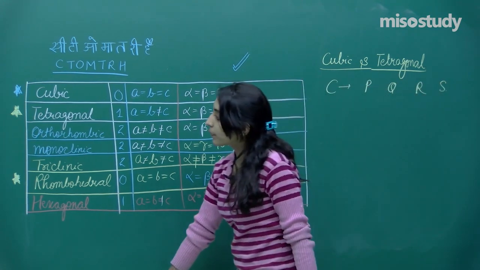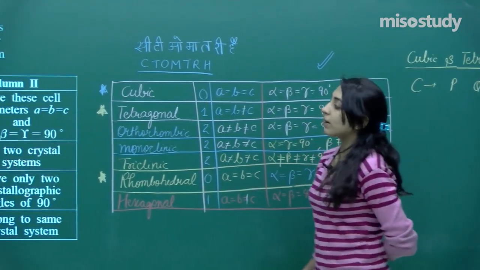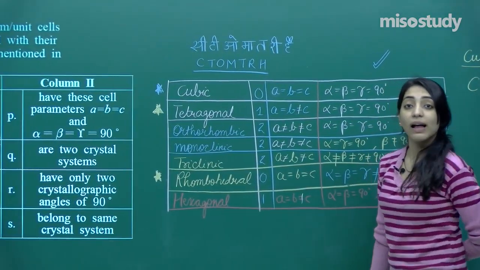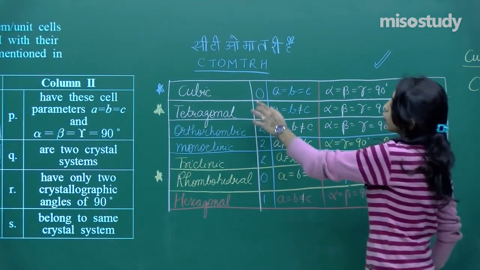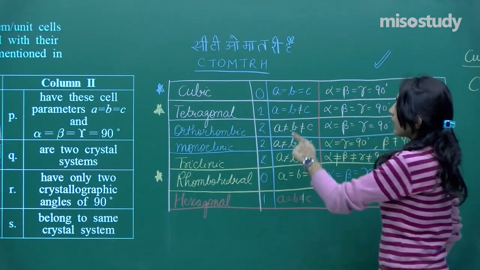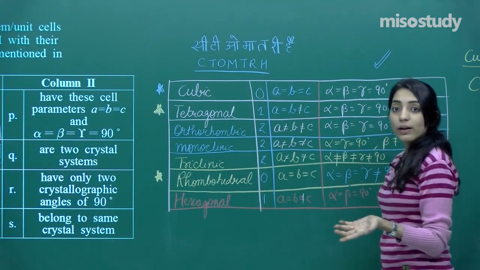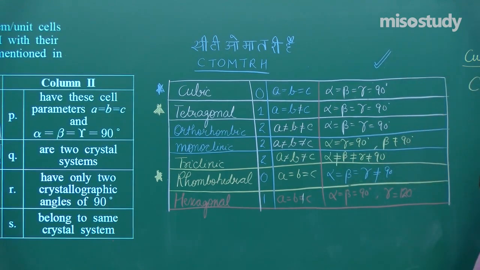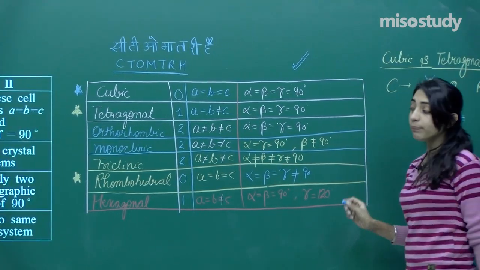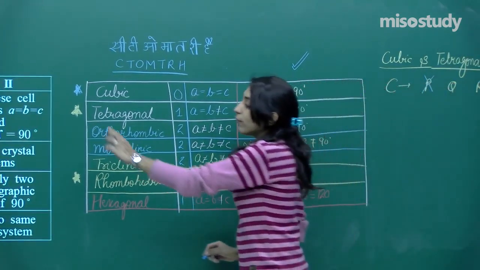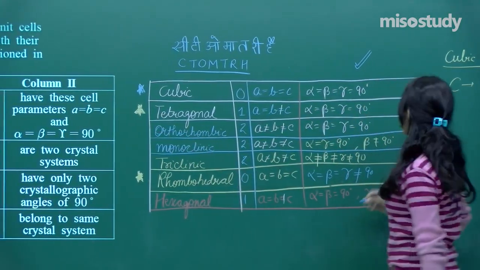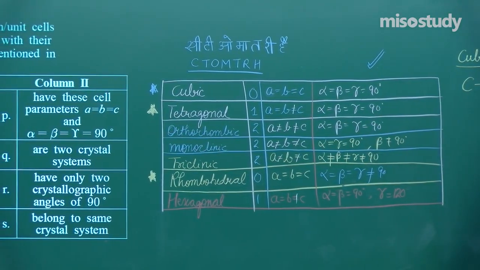What am I saying? These have cell parameters A equal to B equal to C, alpha equal to beta equal to gamma 90. So cubic is having the same. Tetragonal is having A equal to B not equal to C. That means even this is wrong. Okay. Then these are two different crystal systems.